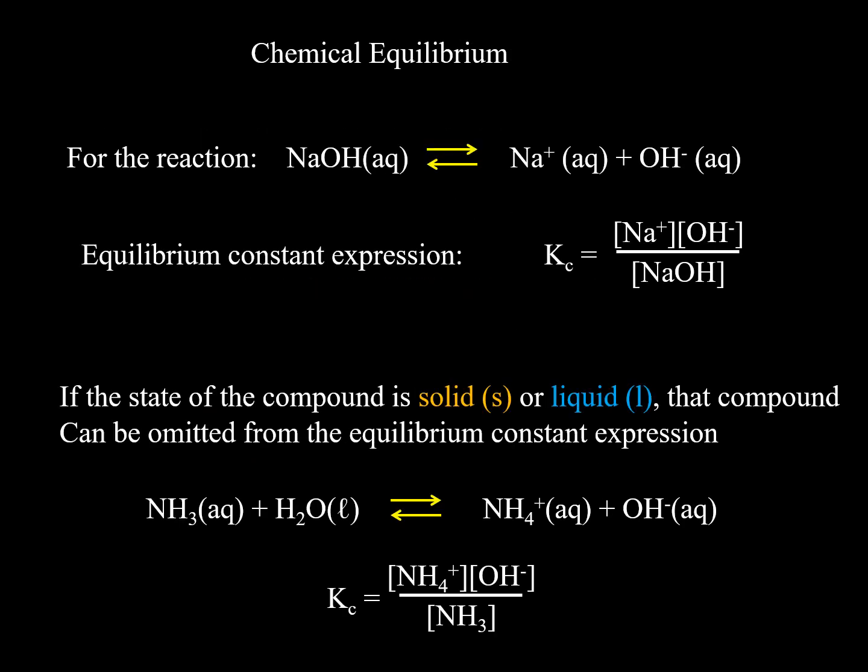So this is an example. We have NaOH dissociating to Na plus and OH minus. This is our equilibrium expression: products divided by reactants. We also have to be wary of our states: aqueous means AQ, liquid is L. We don't write liquids or solids in our equilibrium expression.